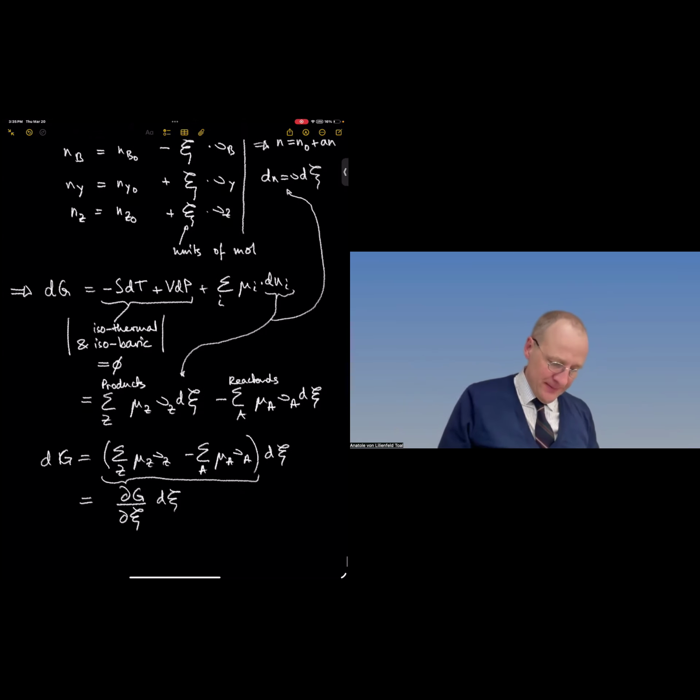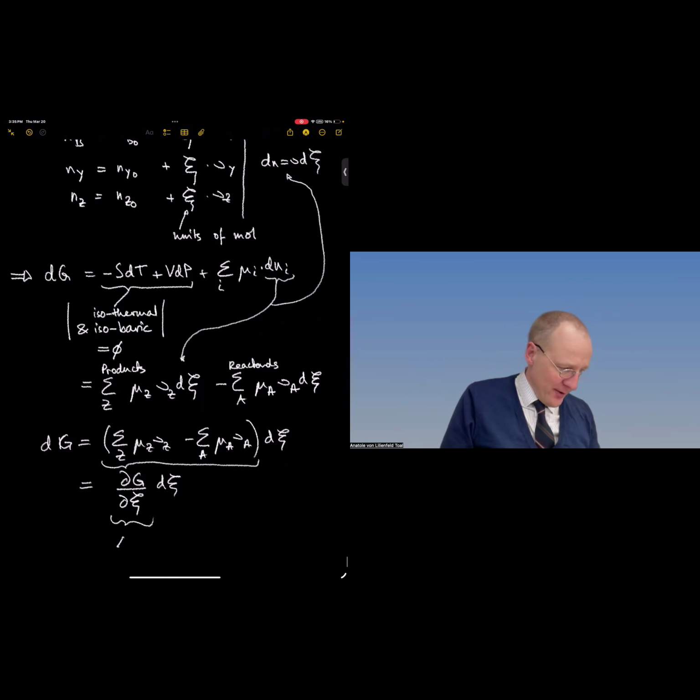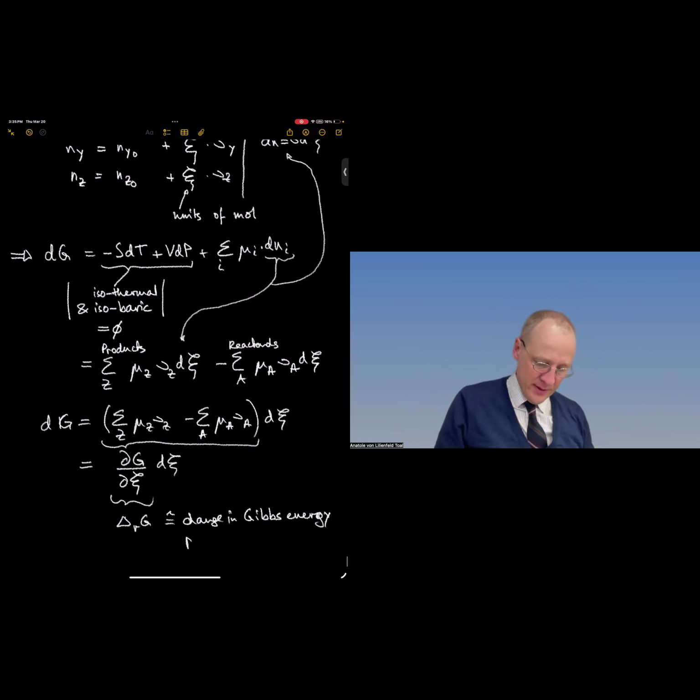This is so cool that people call this delta R G. And this is, in words, the change in Gibbs energy per mole, typically in kilojoule per mole.